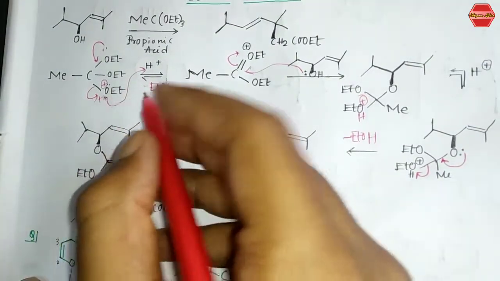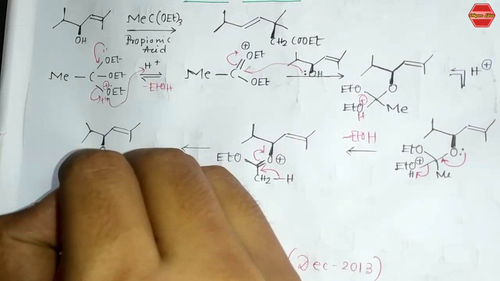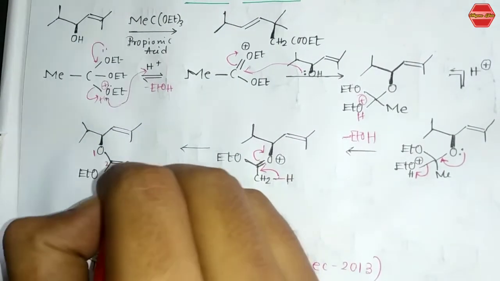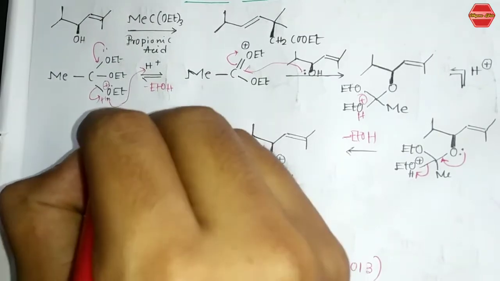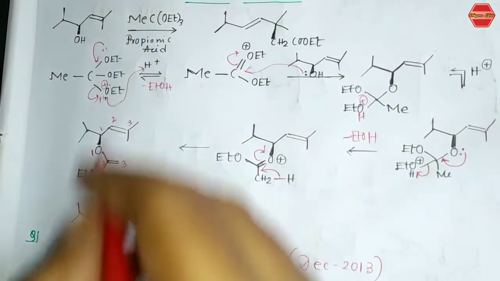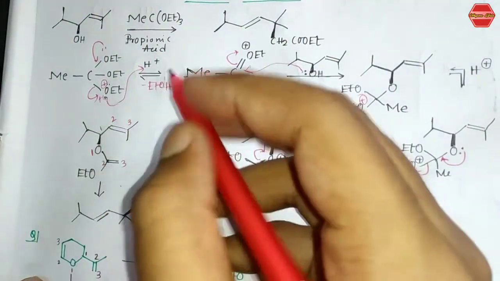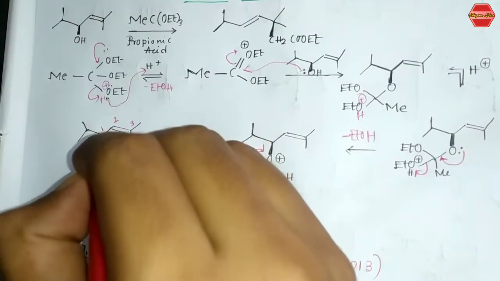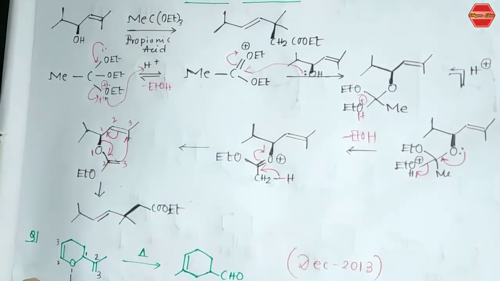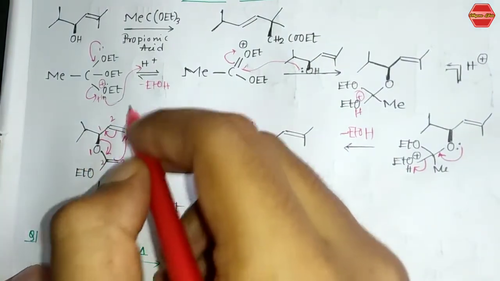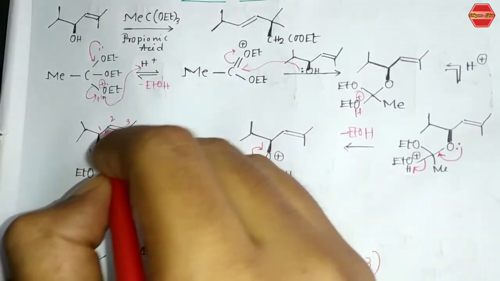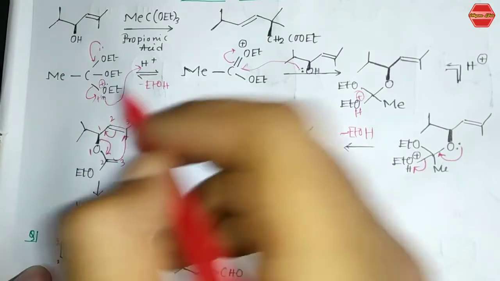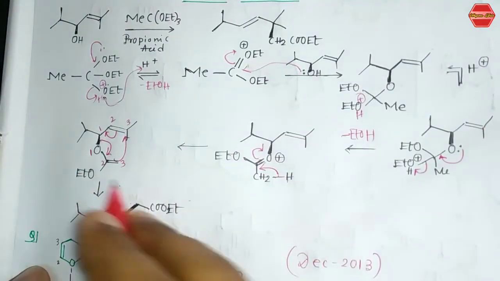How is this possible? If you number from here, that is 1, 2 and 3, and then 1, 2 and 3, you can easily say there is a possibility of 3,3 sigmatropic. How? This double bond goes over here, these bonds go here, and these bonds go over here. So there is a formation of this 3,3 bond, and there is a double bond formation between 1 and 2. So that is how you can get this kind of product, right?